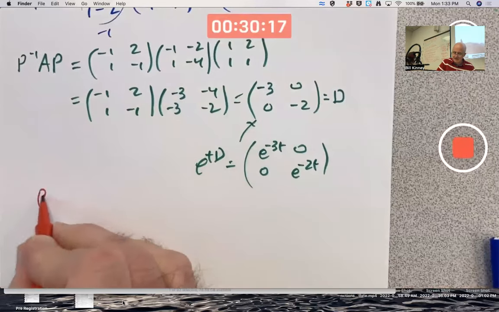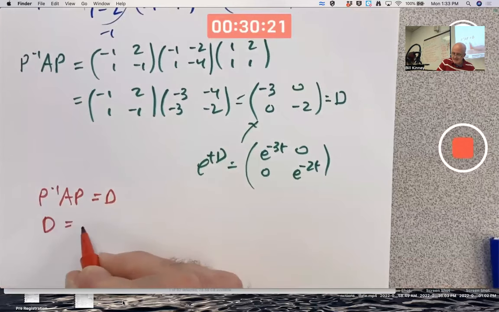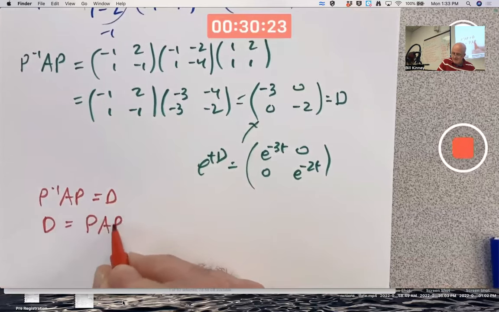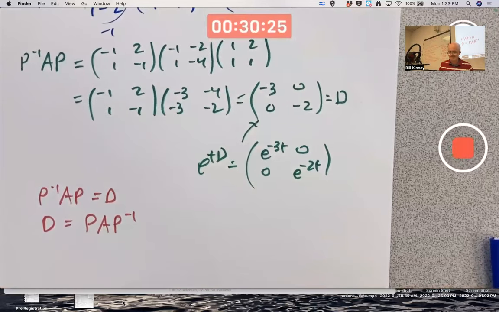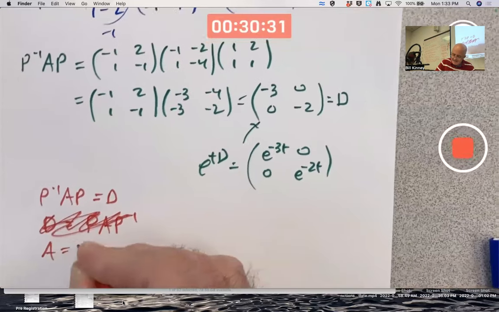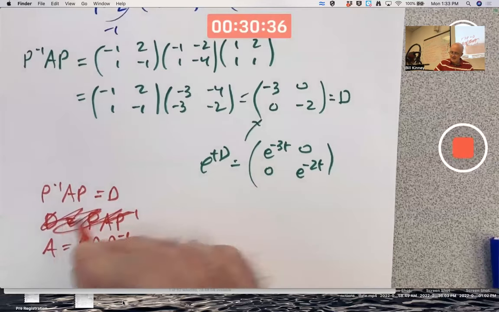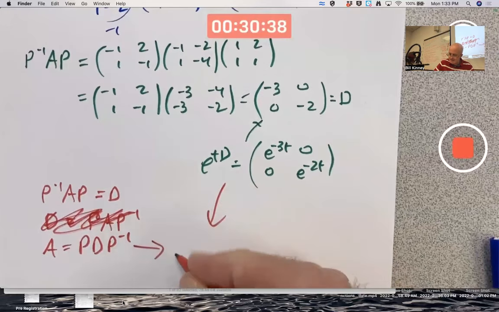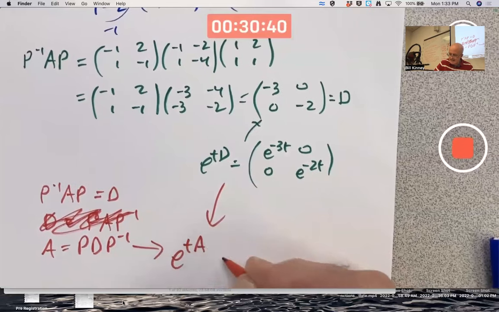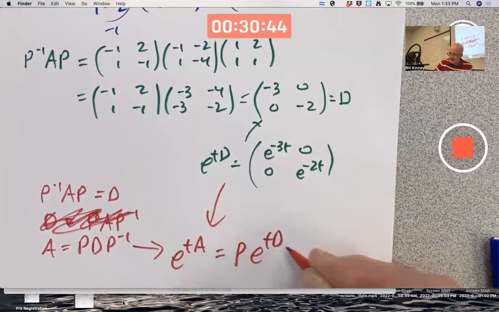And it then turns out that e to the tA, since P inverse AP is D, it turns out that D is... oops, no, sorry. A is P D P inverse. Easy to get confused there. And it turns out, without explaining this, that the matrix exponential e to the tA equals P times e to the tD times P inverse.